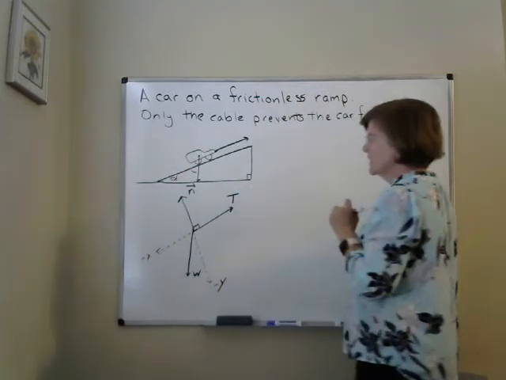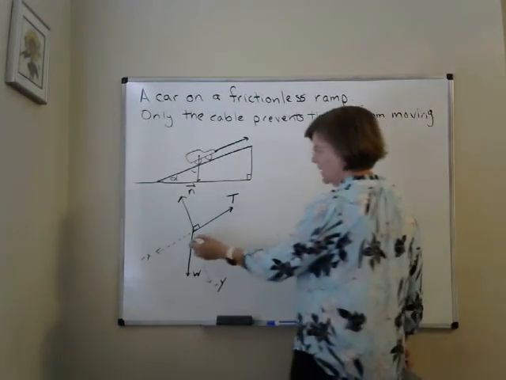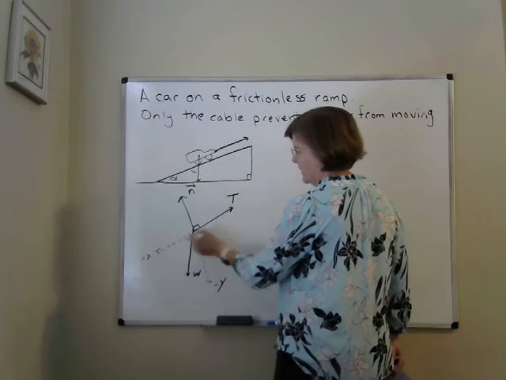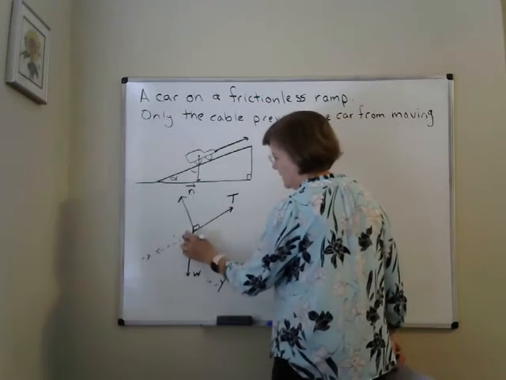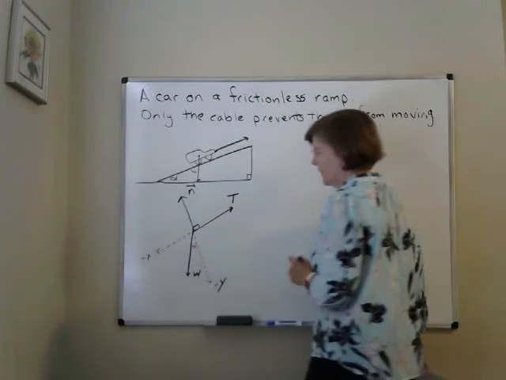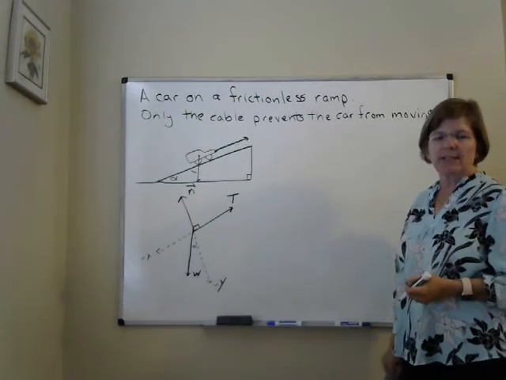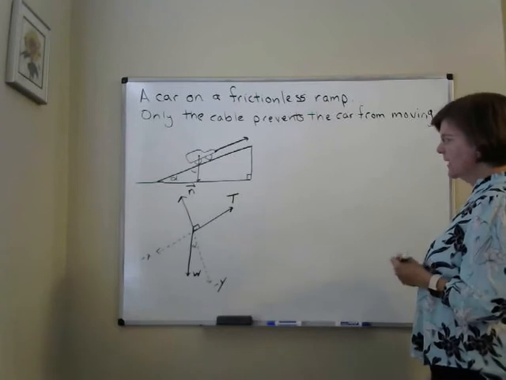That angle is going to be 90 minus alpha. If this angle right here is 90 minus alpha, this angle right here is alpha. We could have used theta, the book used alpha, so I'm using alpha, but that's our angle.